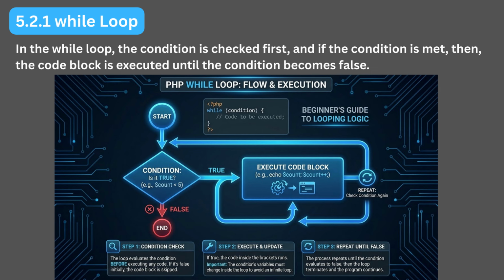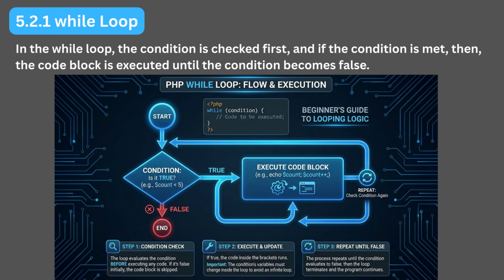So updating the variable is a key step in making the while loop work properly. When the condition finally becomes false, the loop stops and the program moves forward to the next line of code outside the loop. This makes the while loop perfect for situations where you don't know the exact number of repetitions, but you do know the condition that should control the process.